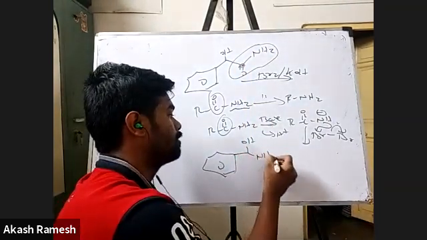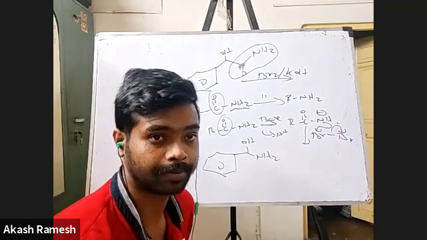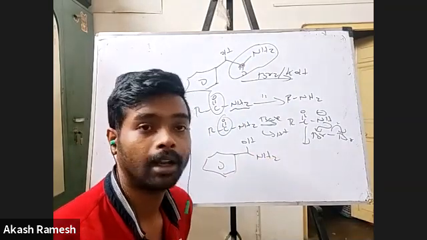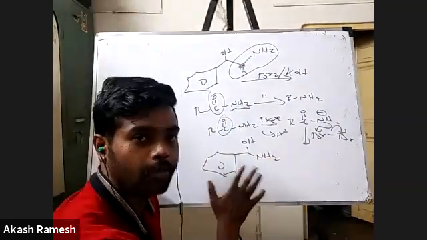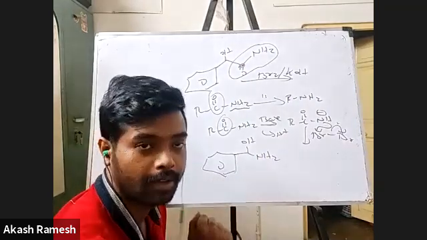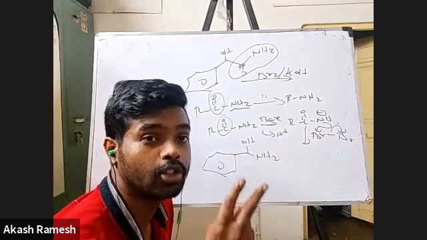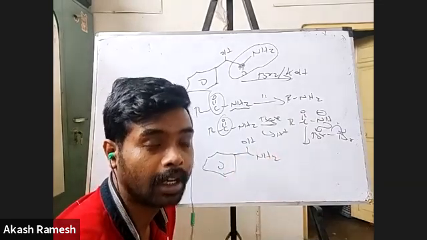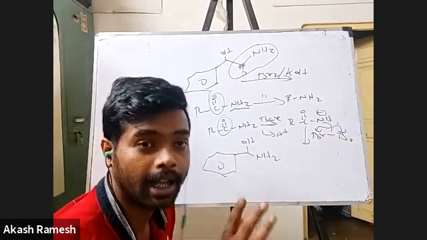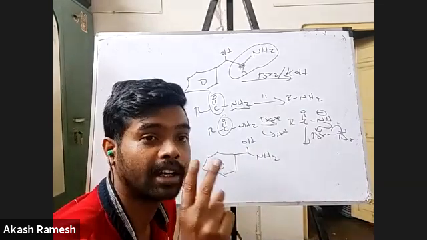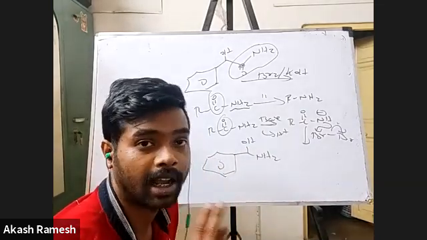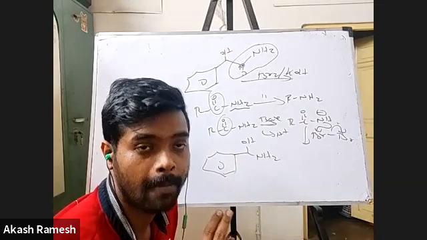Now this is the compound we expect, right? But just like you cannot have two OH groups on the same carbon atom, you cannot have one OH and one NH2 on the same carbon atom. It is highly unstable because of repulsions.